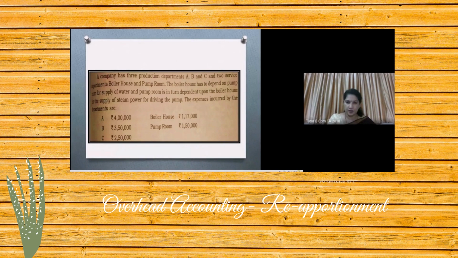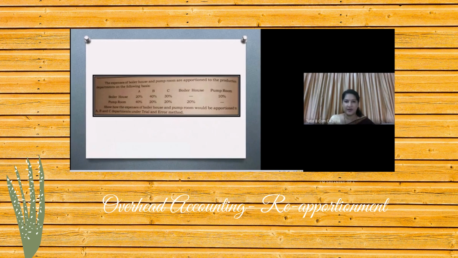In the second part, you are also given the basis of allocation or apportionment of expenses of the service departments to the various production departments as well as the other service department. Why the other service department?